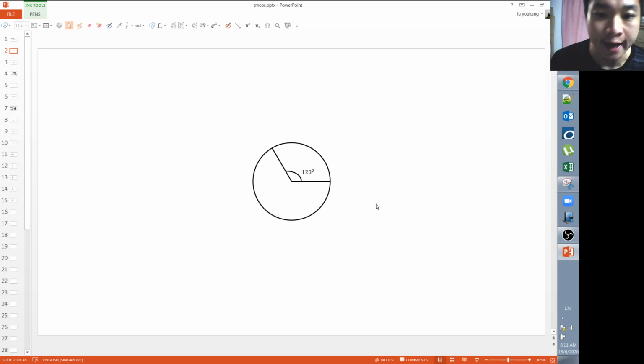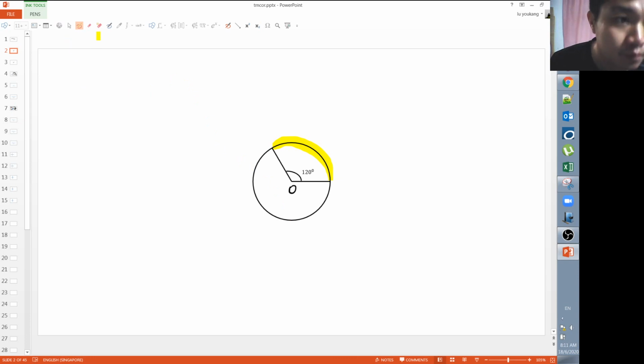So, over here I have a circle, and this is the center of the circle. Let me label it as my center O here. And what if I am asked to find the length of this? How do you do it?